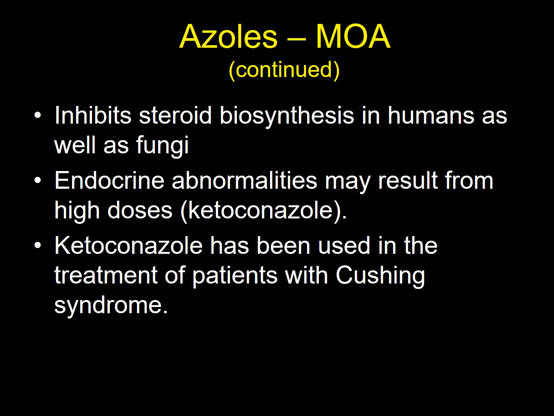So the point is that while the azoles are similar to the polyenes, they're different in that they inhibit ergosterol synthesis. In high enough doses, they can interfere with human steroid synthesis, and a consequence can be a suppression of glucocorticoid like cortisol. But I've never seen it happen. Talked about it with an endocrinologist, but never seen it happen.